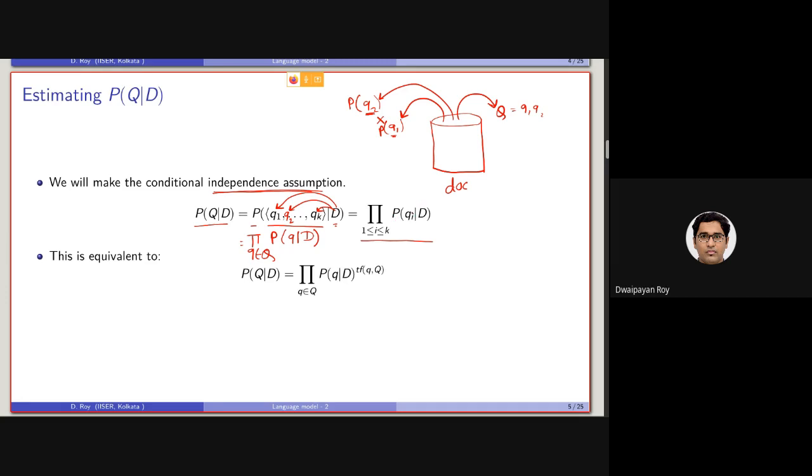We are considering that the query is a K-term query, and for each of the query terms we are computing the generation probability, which is essentially the probability of Q1 given D, times the probability of Q2 given D, and so on, up to the probability of Qk given D.